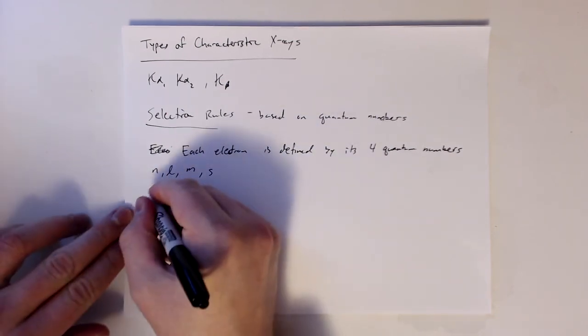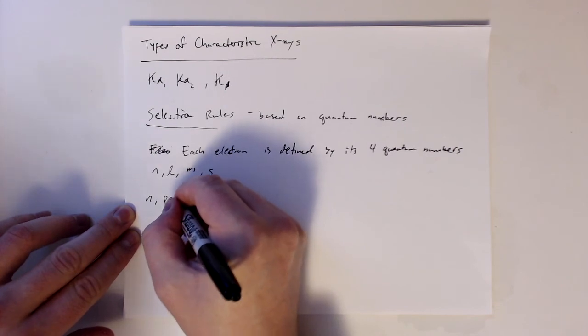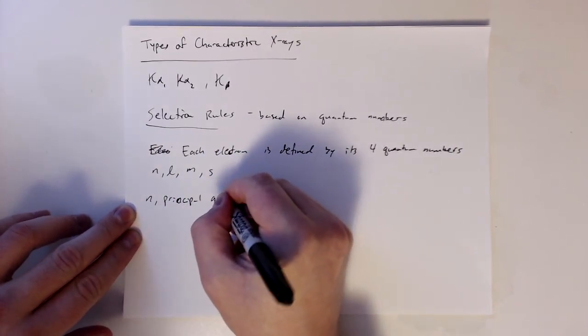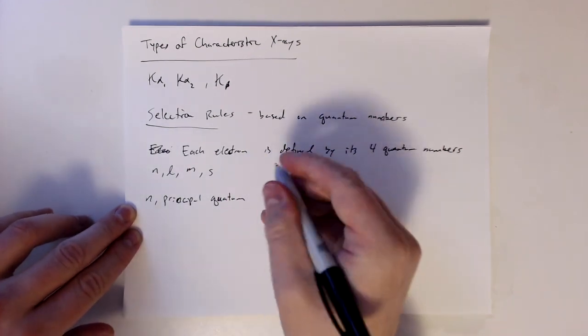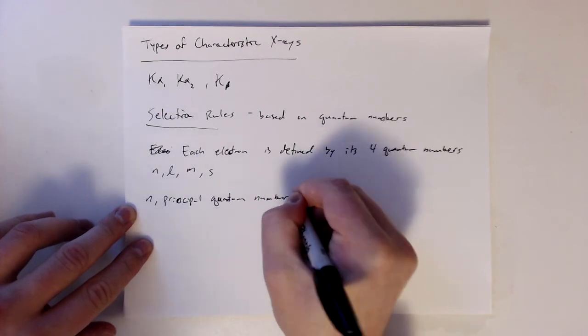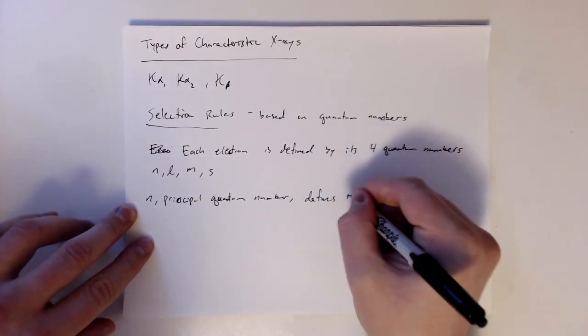So N is the principal quantum number, and this defines what we call the shell.